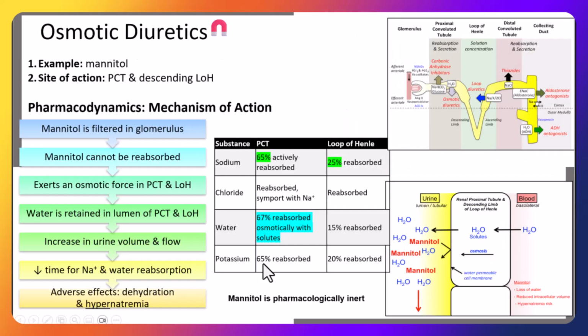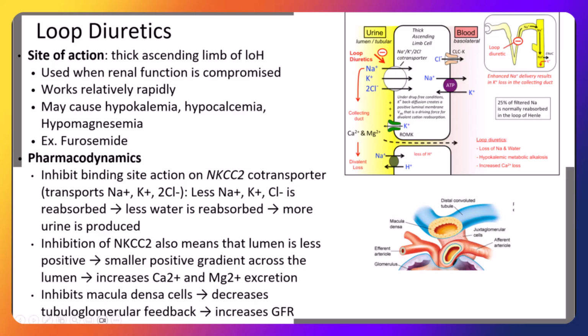So let's just go back here for a moment. At that loop of Henle, you're going to get about 25% reabsorption of sodium. So if you can block this from happening here, then you get a reduction in sodium moving back into the blood or being reabsorbed, and water, therefore, not following it because it's not there.